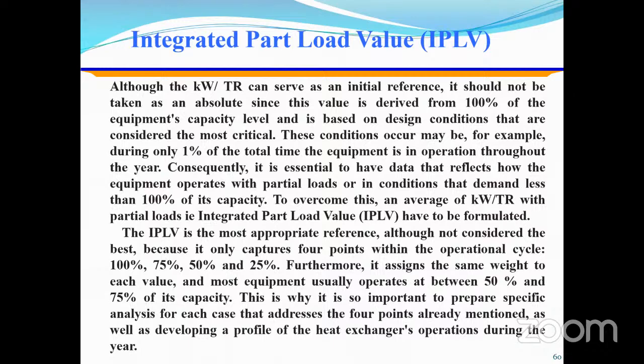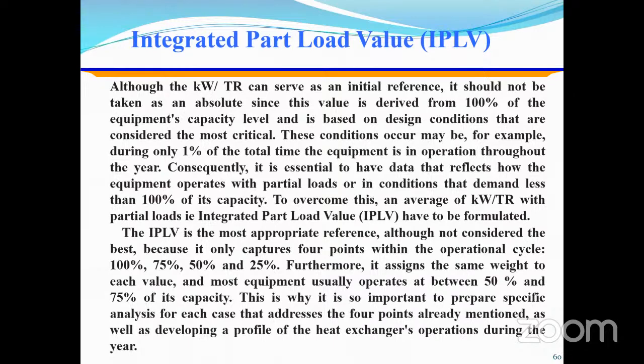Consequently, it is essential to have data that reflects how the equipment operates with partial loads or in conditions that demand less than 100% of its capacity. To overcome this, an average of kilowatt per TR at partial loads, that is integrated part load value, has to be formulated.